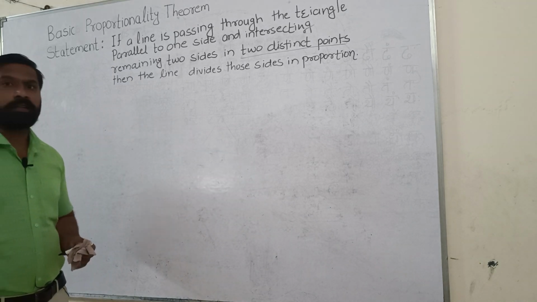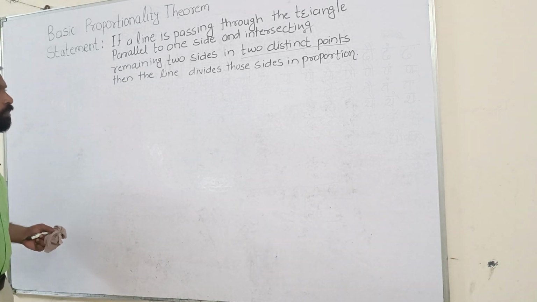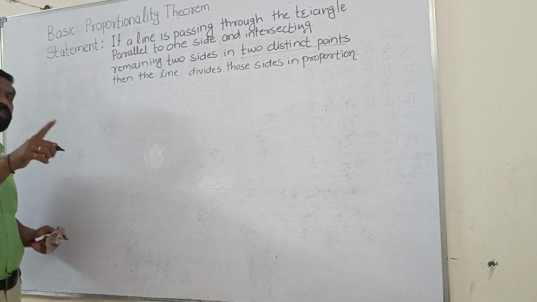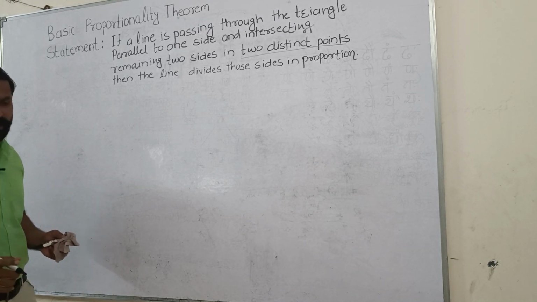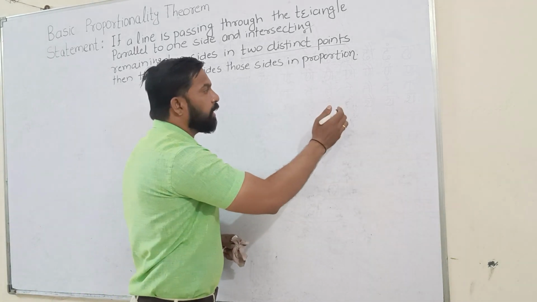Here, what is given to us? A line is parallel to the side. I will draw our final diagram here.